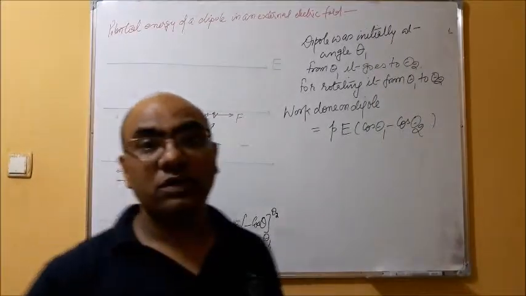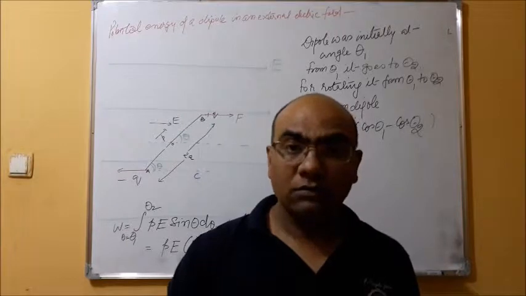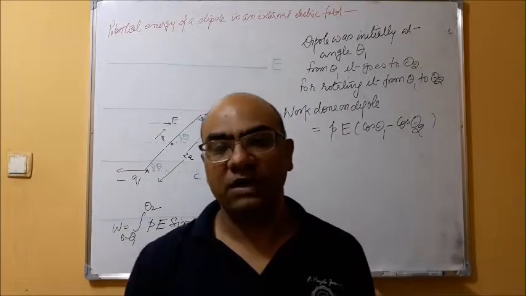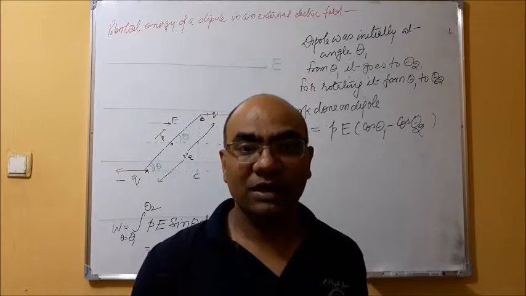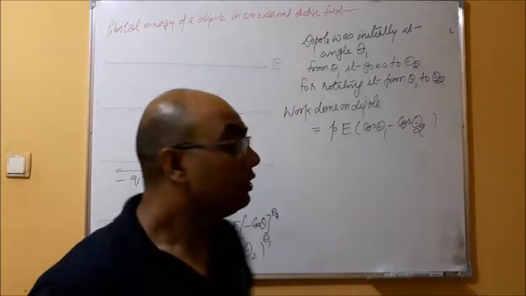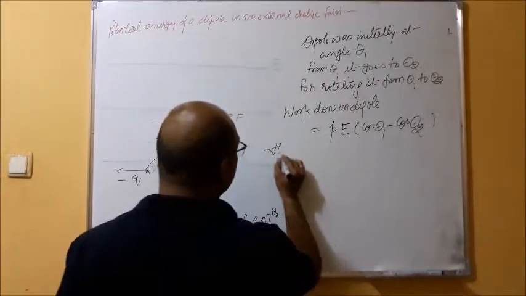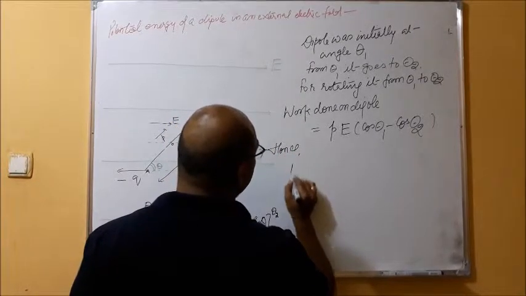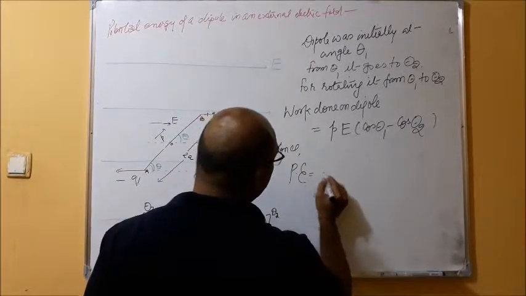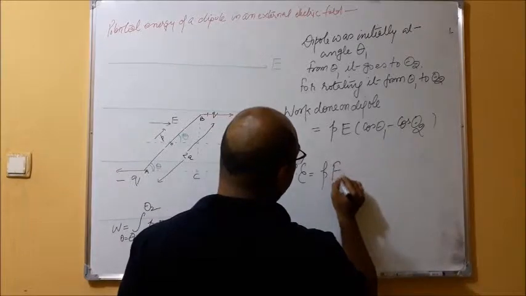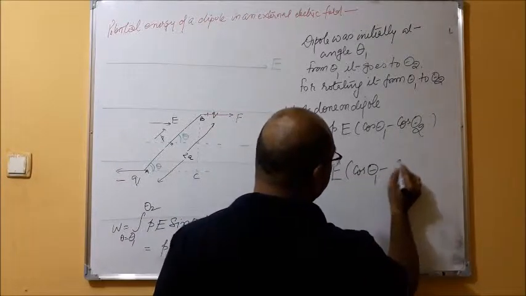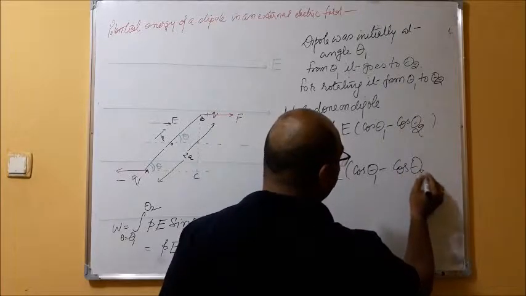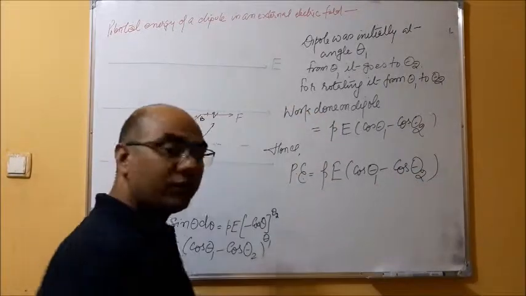And since we know that the work done on any charged particle or group of charged particles is stored in the form of potential energy in it, hence the potential energy will be P E (cos theta 1 minus cos theta 2).